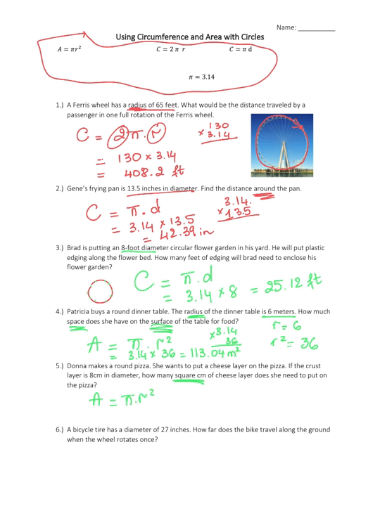So I have diameter is 8, but I need radius. So if diameter is 8, my radius will be half of that, which is 4. And radius squared will be 4 times 4, which is 16. So 3.14 times 16.